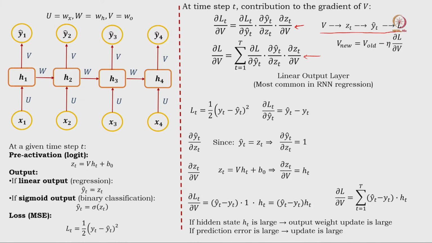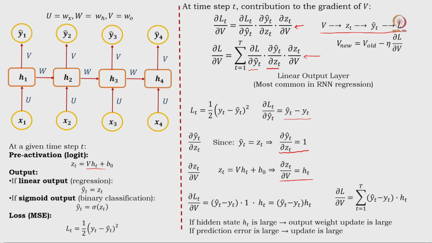Z is written in this particular format. This is the formula for ZT, and when you take the derivative with respect to V, we will just get HT. Then this is a linear activation function, therefore the value is 1, and the derivative of loss with respect to YT hat is YT hat minus YT.